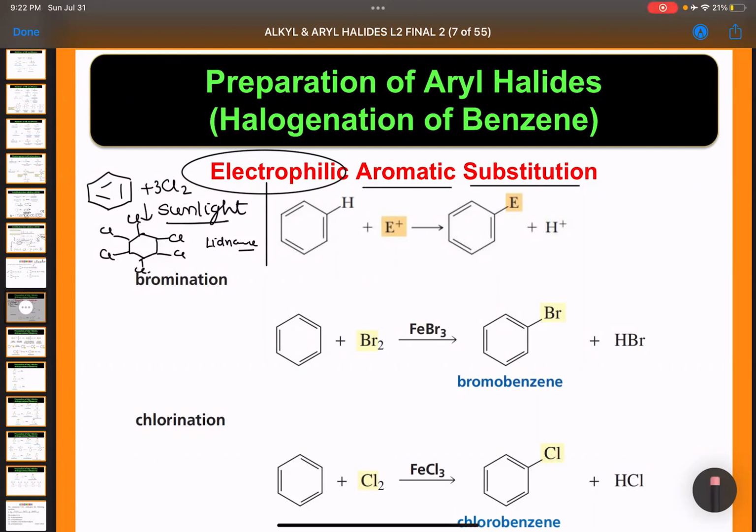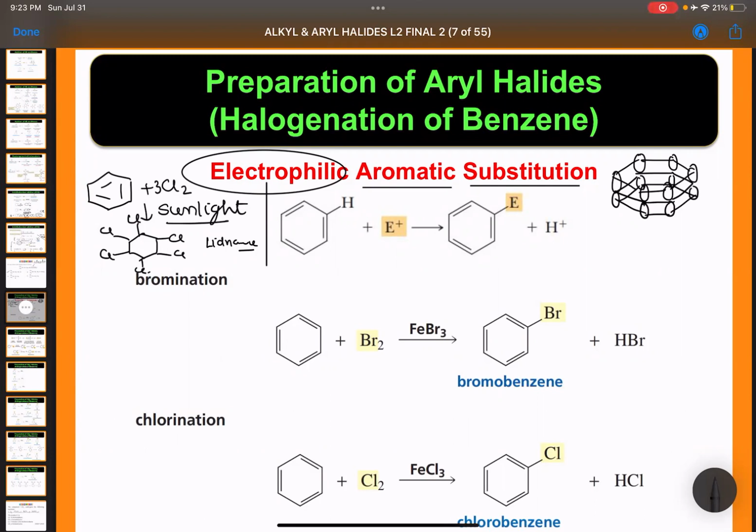The reason is that the benzene ring has 6 p electrons, and these p orbitals are in resonance. That is the reason why benzene is aromatic. The 6 electrons are delocalized, and there is an electron cloud above and below the benzene.